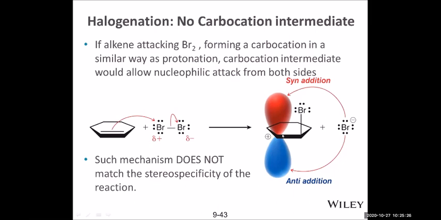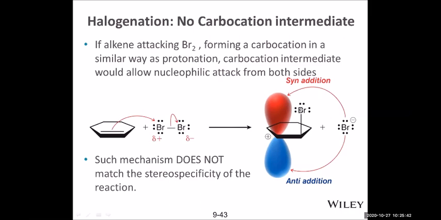Supposedly, if the alkene attacks a positive charge, as in protonation, you would get a carbocation. But with bromine, it's a different story.